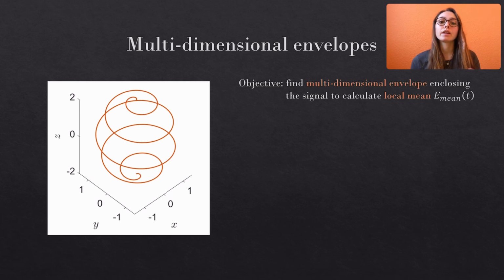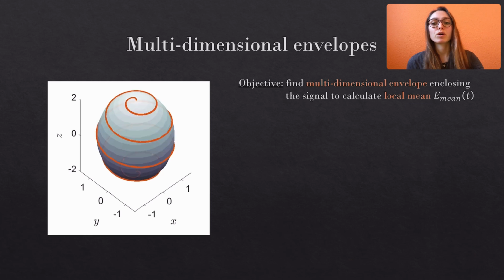Then we take the mean of it. In 3D, we can imagine a tube-like object that encloses the complete data, which looks like an ellipsoid for the present data. This enclosing structure is a 3D envelope, but it is quite challenging to define it, especially when it comes to higher dimensional space for multivariate signals with more than 3 variates.